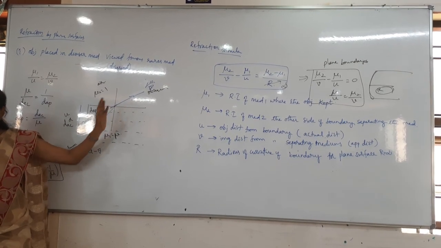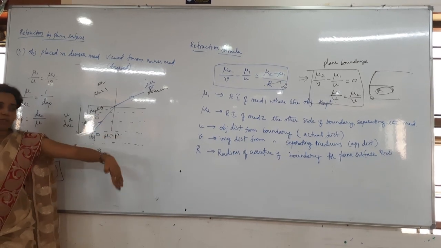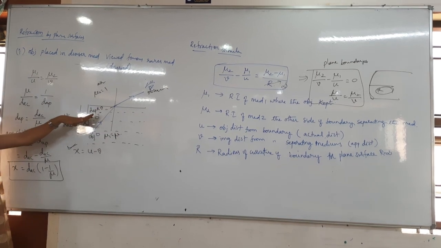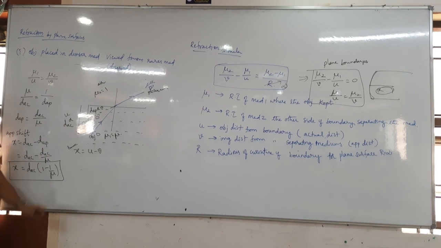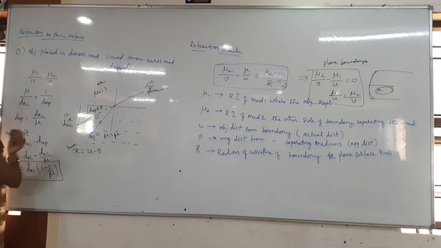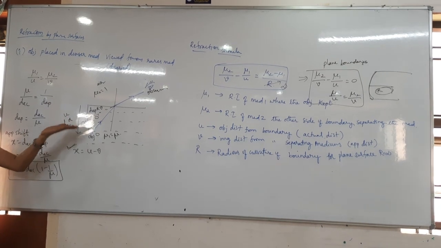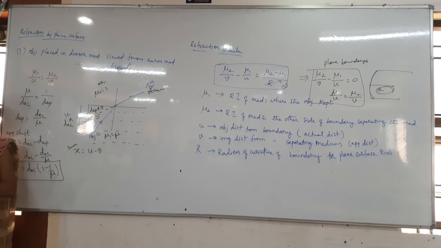Whenever it travels from the denser to the rarer medium, it bends away from the normal. Whenever I extend that in the opposite direction, the final point I get is where I observe the object, otherwise the object appears there only. That is the apparent depth, and this is the real or actual depth. Actual depth is nothing but the object distance u. Apparent depth is the image distance v.